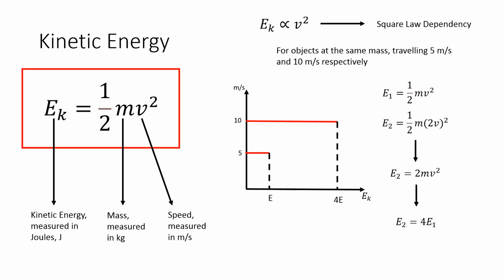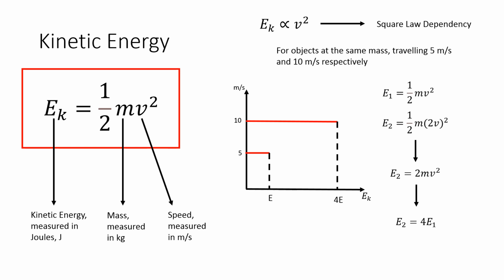Now this 4, you can multiply the whole equation by that, so you get 4 over 2 mv squared, which simplifies to 2mv squared. So once you compare this to the energy of the first one, that's 4 times the energy. So even though the speed only doubled, the energy quadruples.